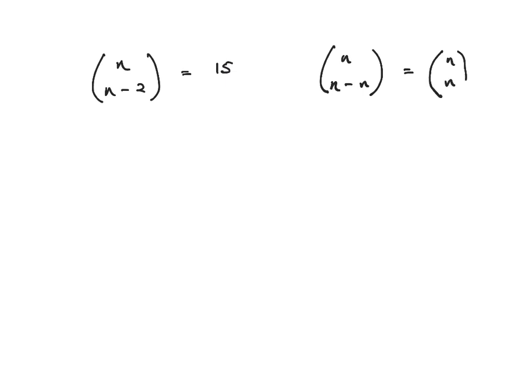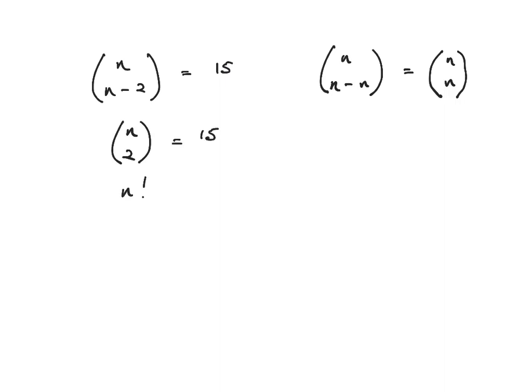So when it comes to doing a problem of this sort, n choose n minus 2 equals 15, we need to work out the value of n. Well, the formula that we've just written down is that n choose n minus r gives us exactly the same coefficient as n choose r. That makes our problem a good deal easier. So we can rewrite that as n choose 2 equals 15.